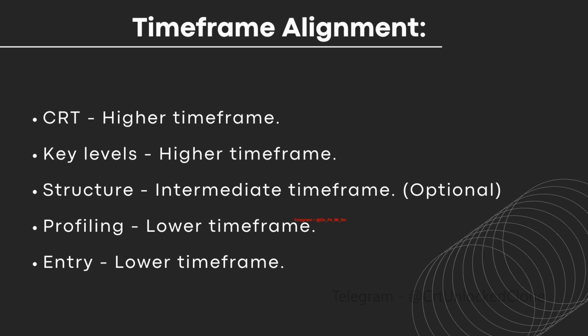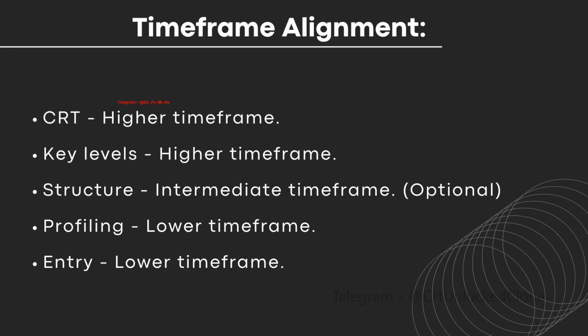Then we've got the intermediate time frame, on which we'll determine structure and order flow. Structure is basically seeing whether price is breaking highs and rejecting lows, or rejecting highs and breaking lows. That's what we call structure on a fundamental level. We're going to discuss structure in detail in other chapters, but on a fundamental level, that's what we regard structure as.